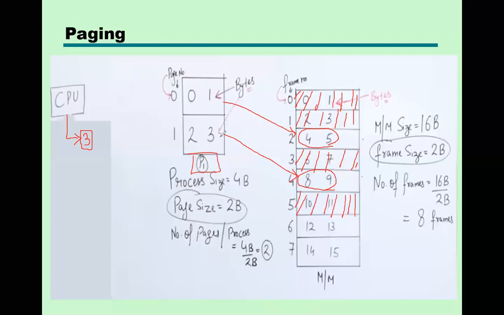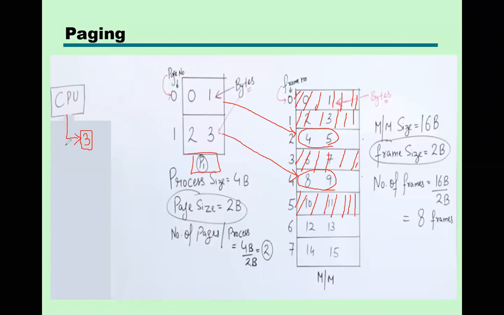Where is this 3 in memory? This byte number 3 is loaded into the main memory, but the CPU doesn't know where it is. So at that time we require a memory management unit.